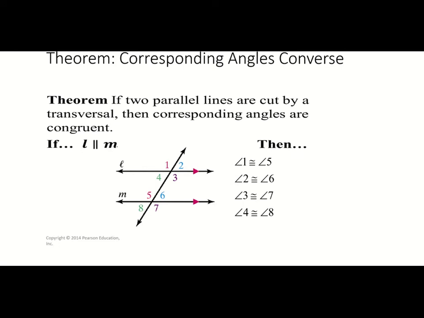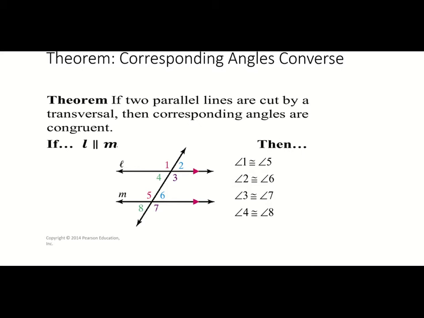All right, our next theorem is the corresponding angles theorem converse. This theorem says, again, we're starting with parallel lines. If two parallel lines are cut by a transversal, then corresponding angles are congruent. So not only are alternate interior angles congruent, but also corresponding angles. Remember, corresponding angles are in the same position.